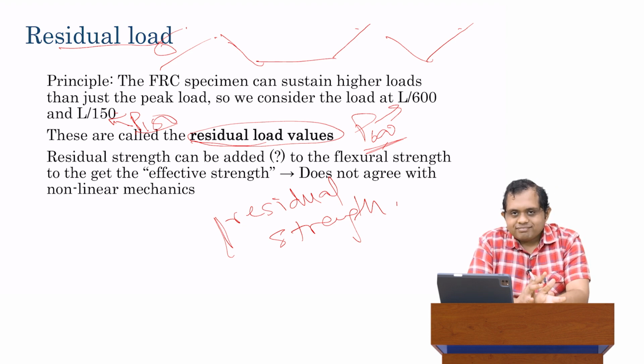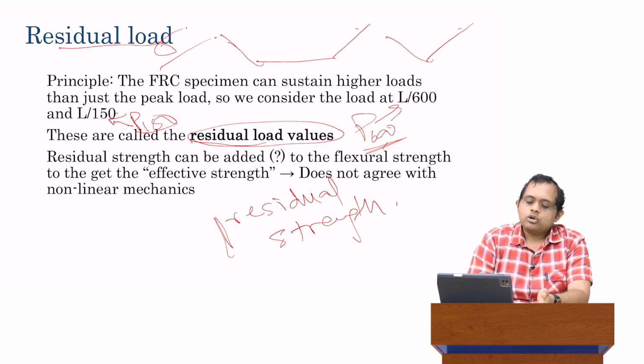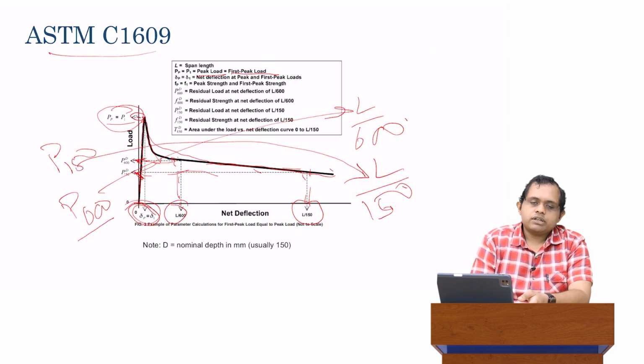The assumption made in C1609 is that this residual strength can simply be added to the flexural strength to get a so-called effective strength. That is, based on this peak load over here, I can calculate a flexural strength. That is what I've been calling FR so far. The idea is, to FR, I can then add an F150.